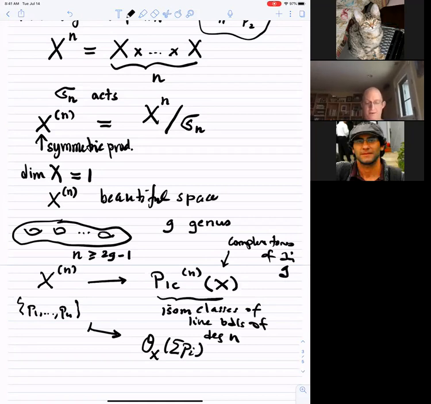This map is surjective as soon as n is sufficiently large, and sufficiently large means something like g. But when n is at least 2g minus 1, the fibers of this map are all projective spaces with the same dimension. So this is a P^(n-g) bundle over a complex torus.